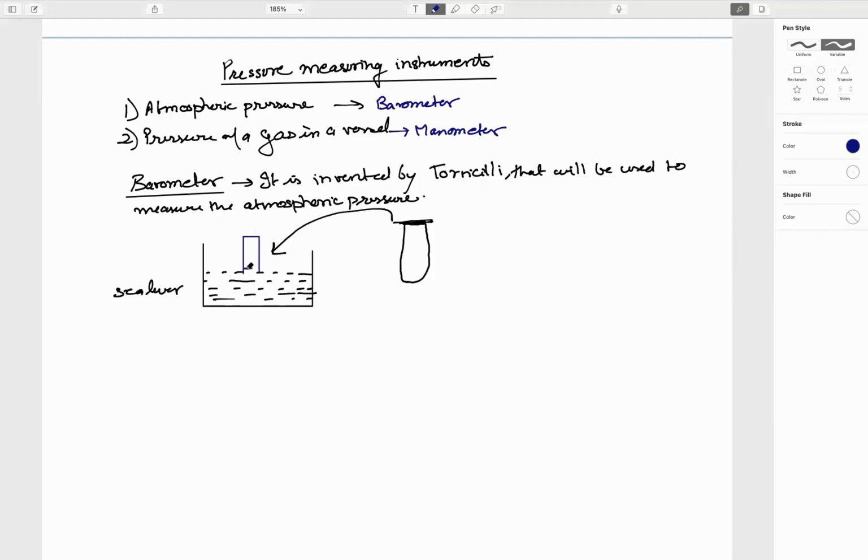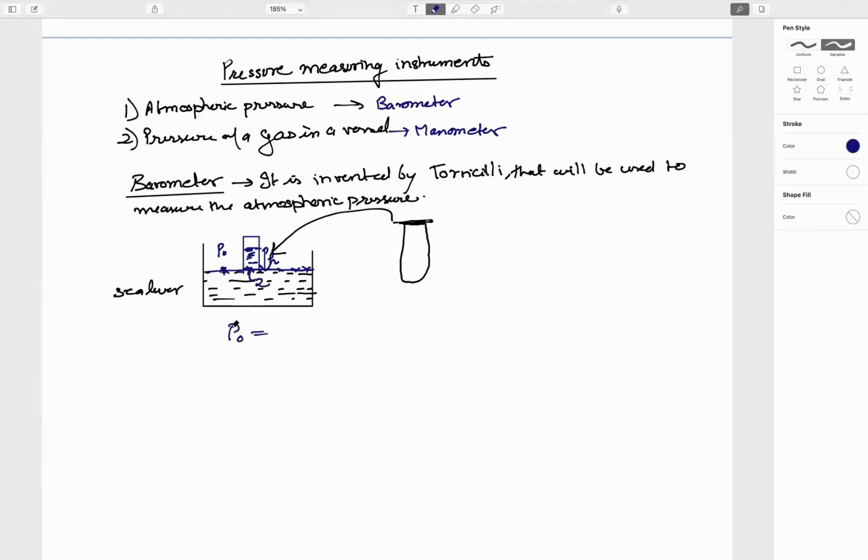So what will happen? Mercury will rise. In the surrounding, it's P naught, the atmospheric pressure at all the points. He found that there is a rise in the mercury, let's say H. He balanced out P naught, because the pressure along the horizontal line is the same.